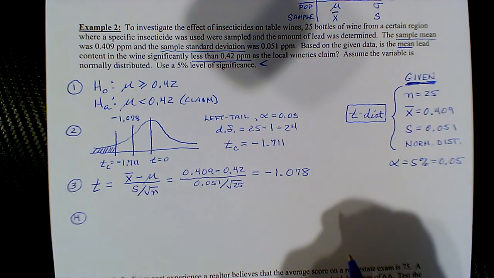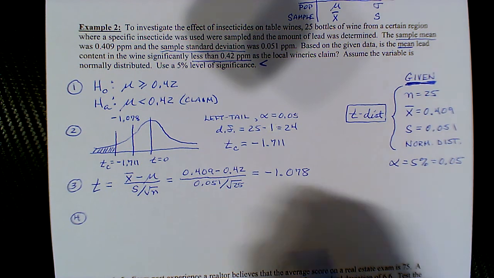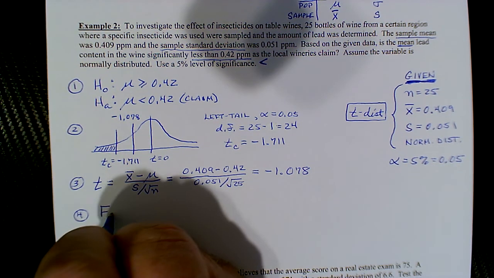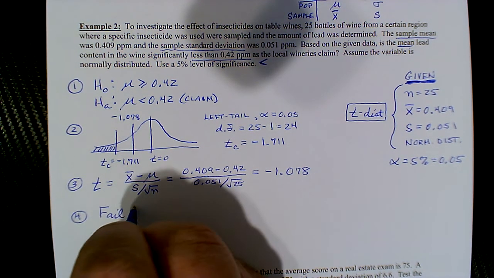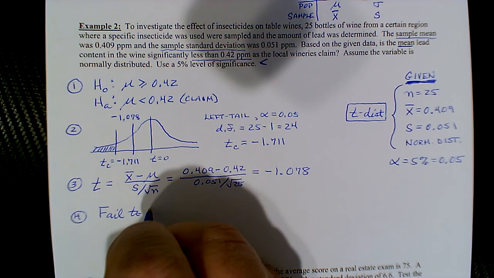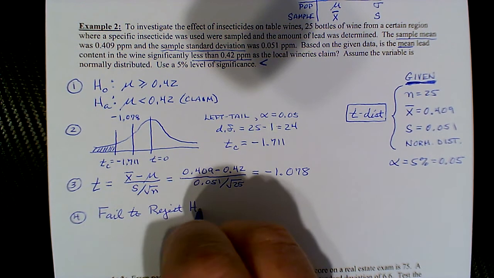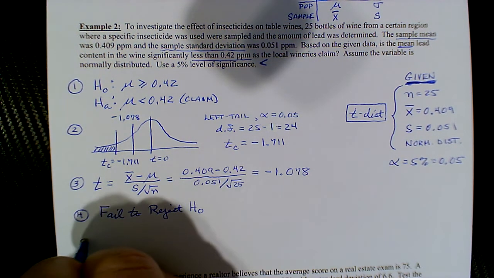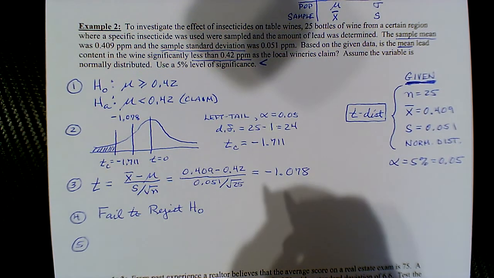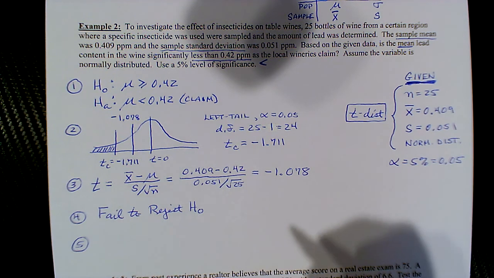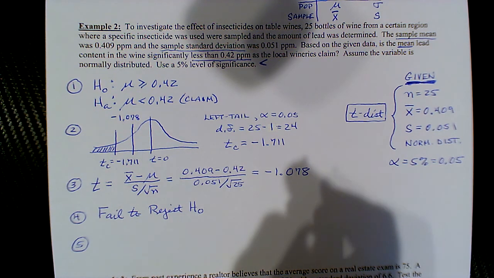Point is, it's in the non-rejection region, so therefore our decision is to fail to reject H0. So remember, it's always with respect to H0. If it's in the rejection region, reject H0. If it's in the non-rejection region, as we have here, fail to reject H0. And then we could form our conclusion.